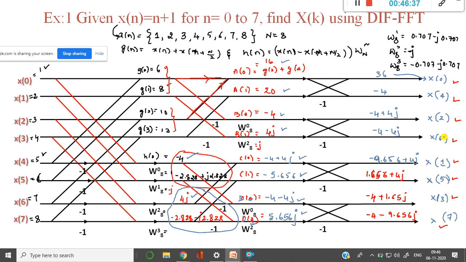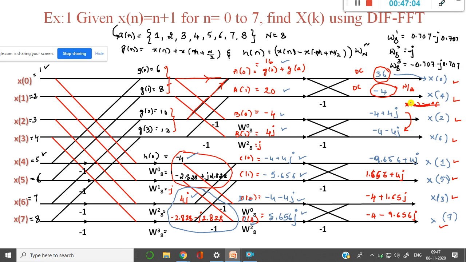Now look at that. Can you see the complex conjugate? Obviously x of 0 must be 0, a DC component, x of 4 also a DC component, so there is no j term. Because this is an N by 2 point DFT. And here 2 and 6 are complex conjugates, since X of 2 is the conjugate of X of 8 minus 2.